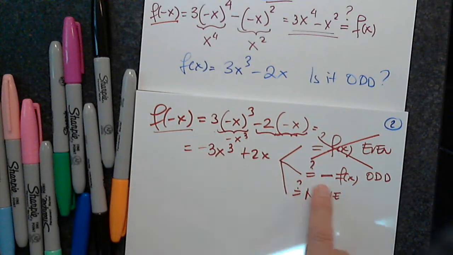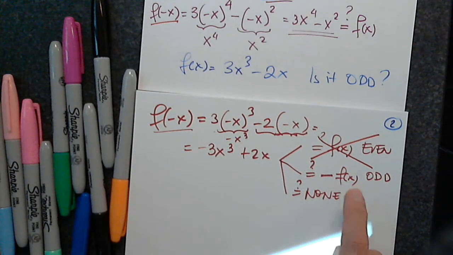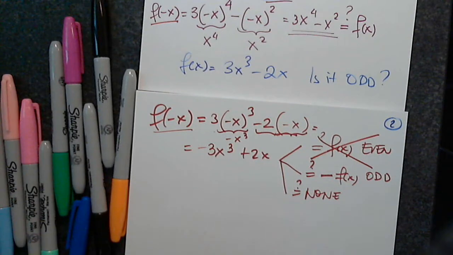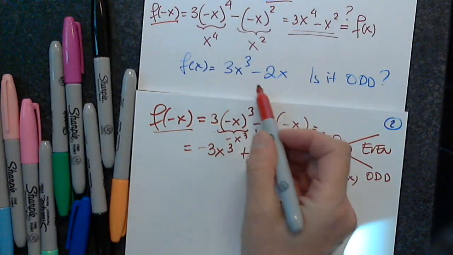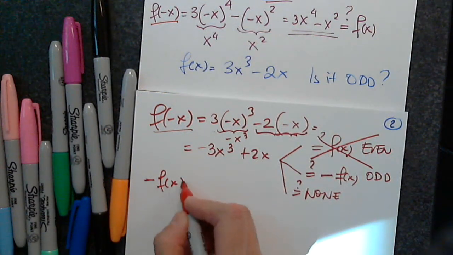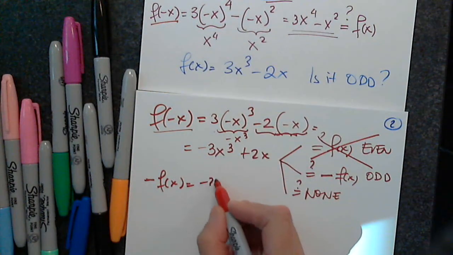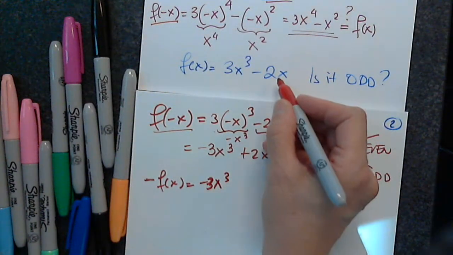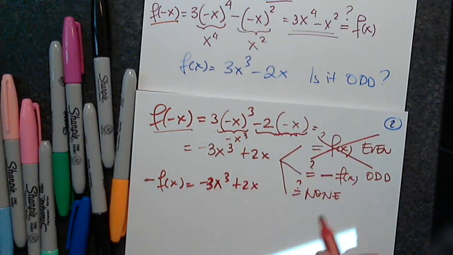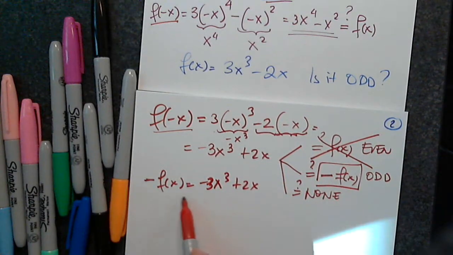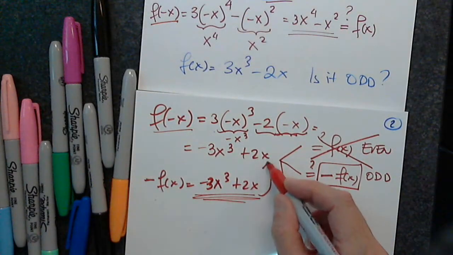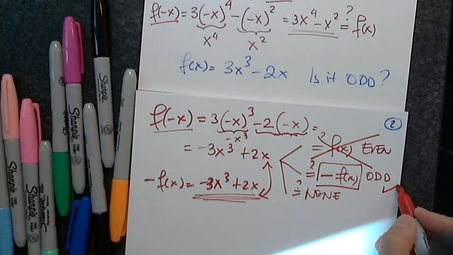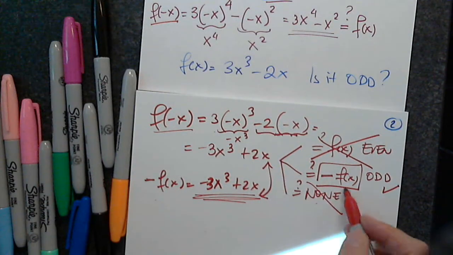Okay, so now I have to identify what this means. How do I get this quantity? By simply multiplying both sides here by -1. Negative f of x: negative this, and positive this. So this quantity is here now. If they are the same, then I will say odd. If they're not the same, I'll cross this out.